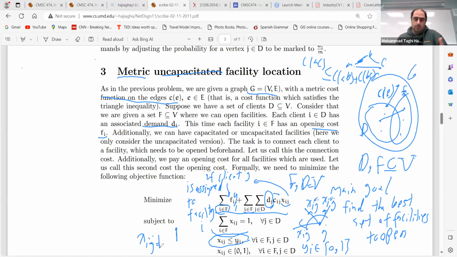However, when you make it fractional, you may not be able to satisfy all of them. And the question is, when we get a fractional solution for this LP, what is the procedure called rounding an LP. How can we round this LP from a fractional solution to an integer solution?